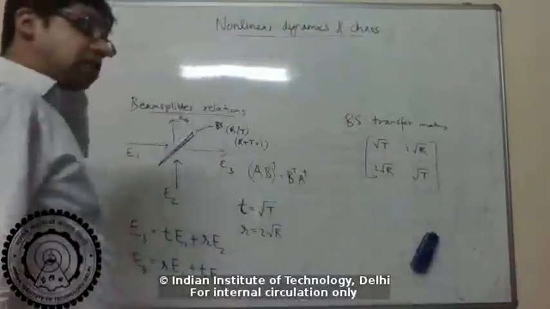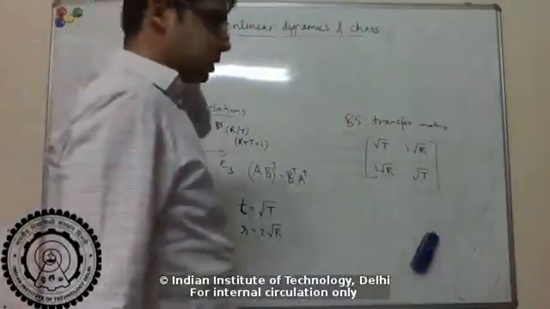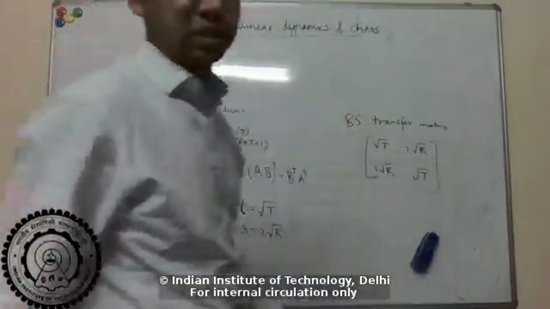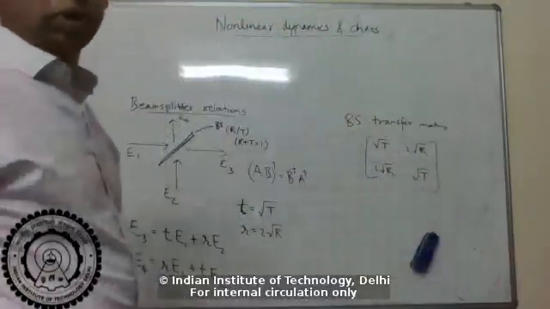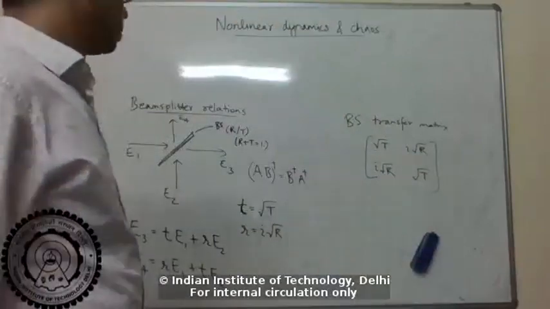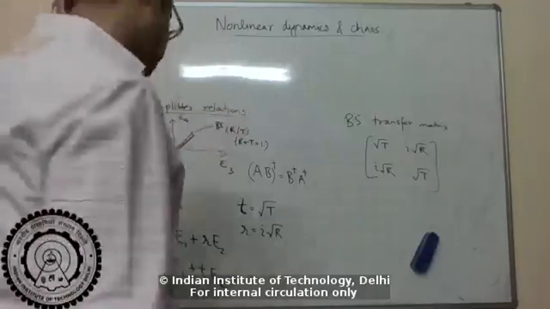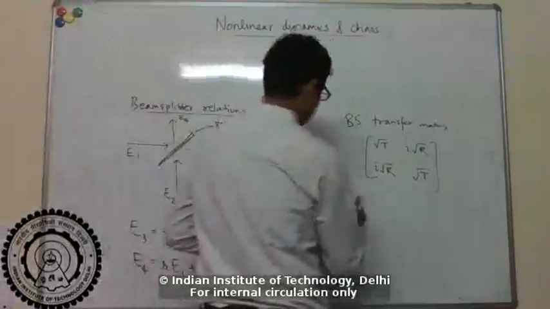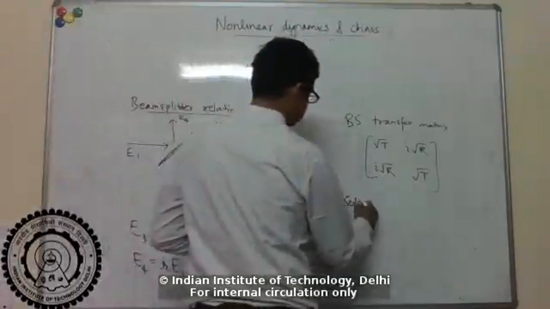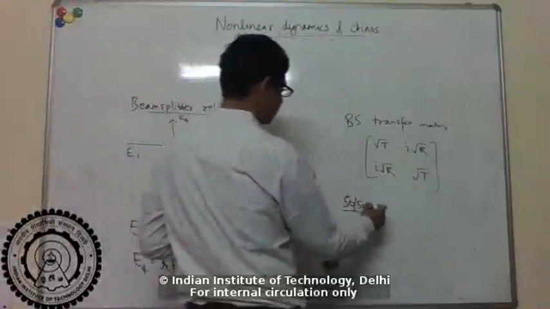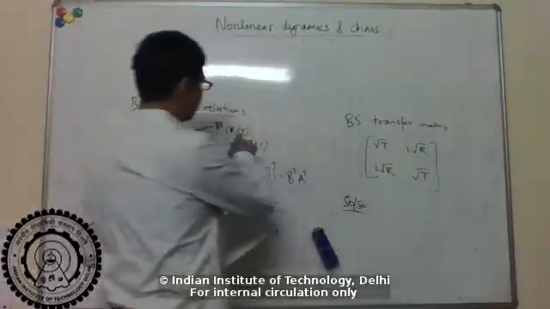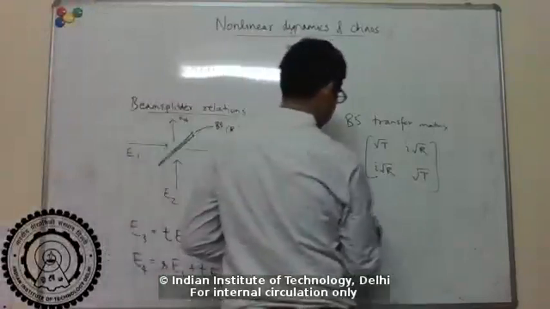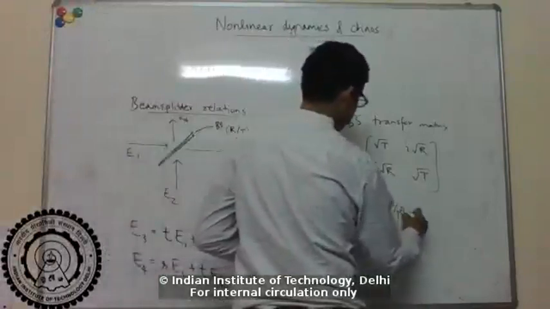And in some other fields like quantum optics, you will see that these give rise to some very funny, counterintuitive features. So for the very popular case of a 50-50 beam splitter, T and R are 1/2. So then this matrix is 1 over square root of 2.